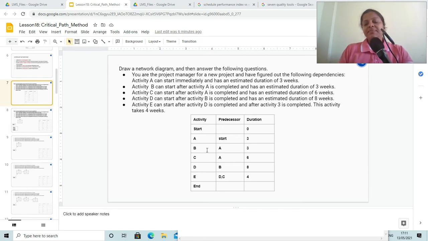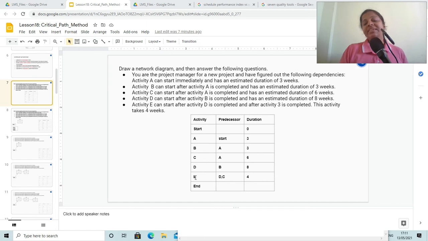Here we can see there are 5 activities. The first activity is A and its duration is 3. The second activity is B and it is dependent on A and its duration is 3. Third activity is C and it can be completed only after completion of A. And activity D, it has dependency on B and its duration is 8.